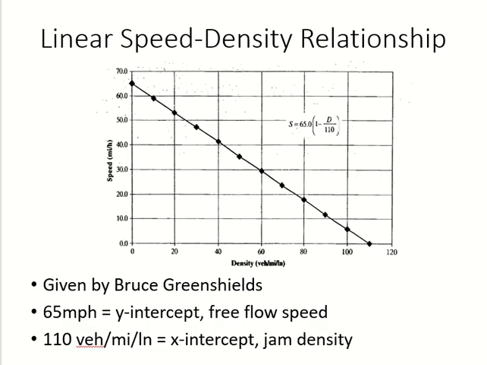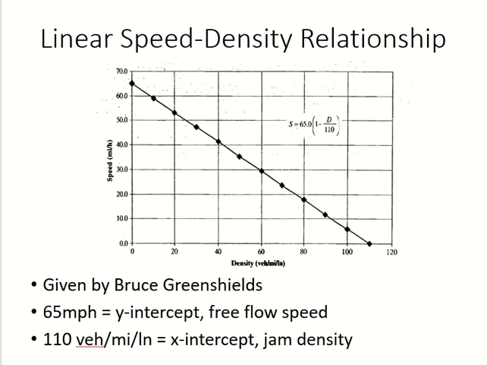D is supposed to be on the y-axis, where the graph intersects. The intercept, right? D is the intercept. Clear? So 65.